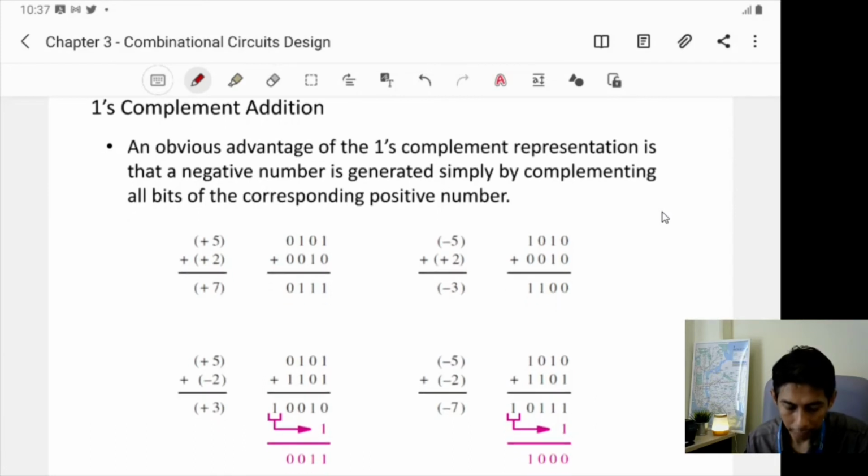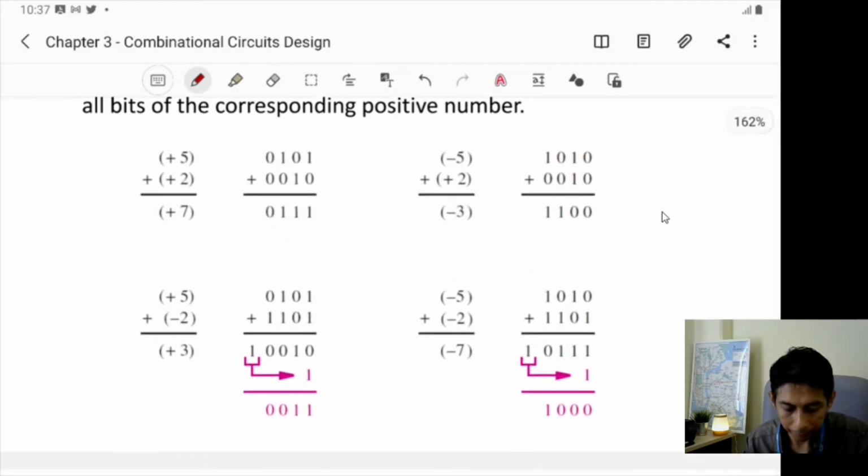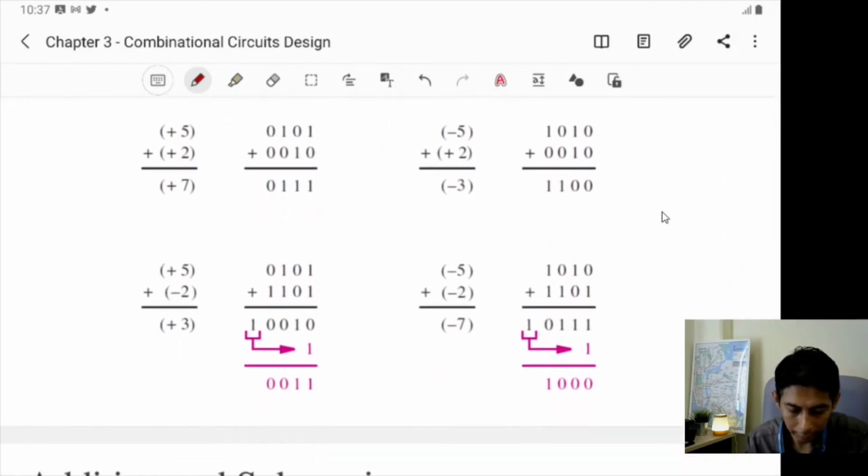Again, the first complement is to represent a negative number. So let's say, for example, we have number 5 and number 2, both positive, and when we add the numbers, we have positive 7, right?